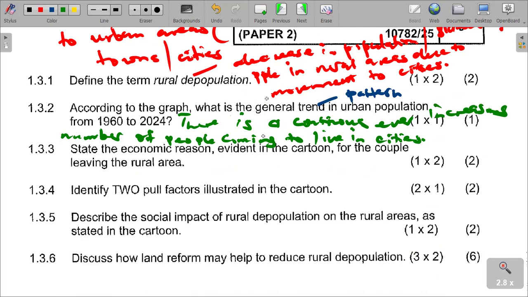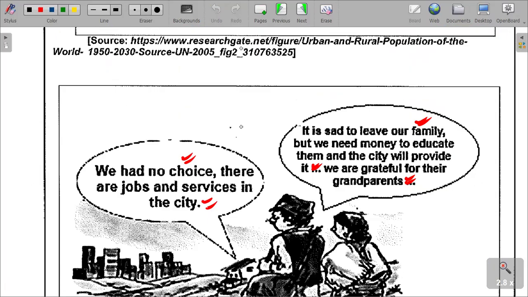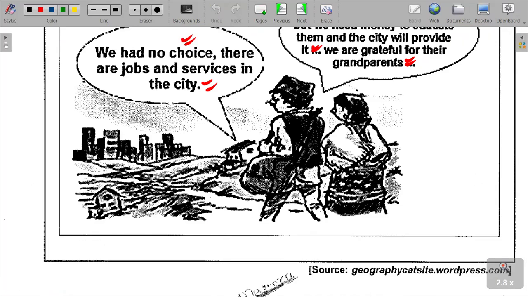State two economic reasons evident in the cartoon for people leaving the rural areas. According to the cartoon, what reasons are causing people to leave rural areas to go to cities? There are economic push factors.